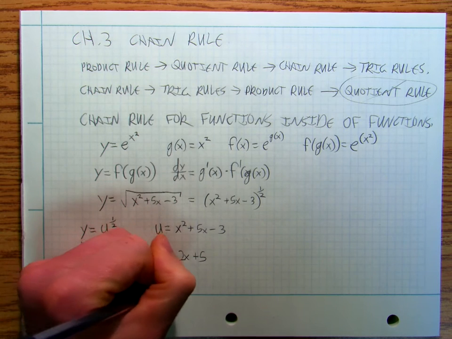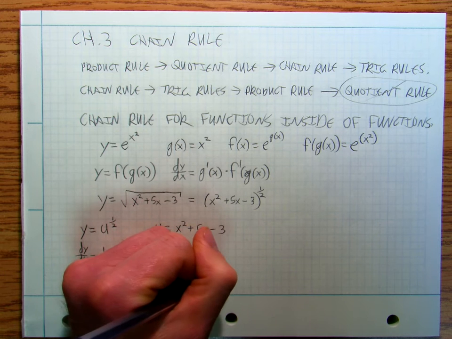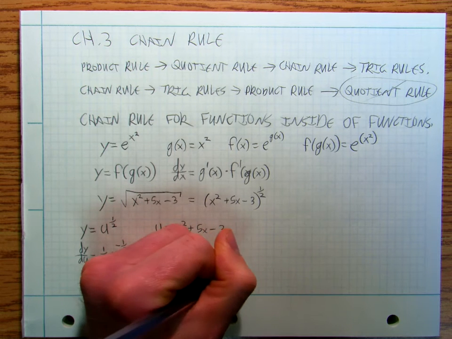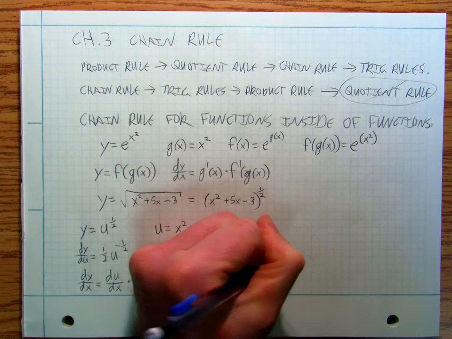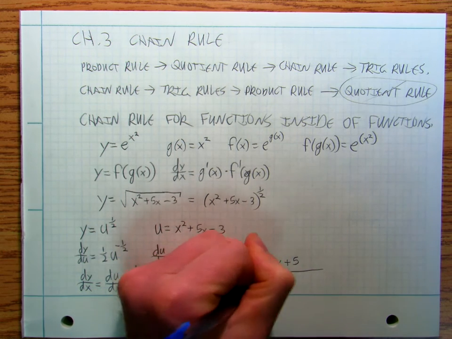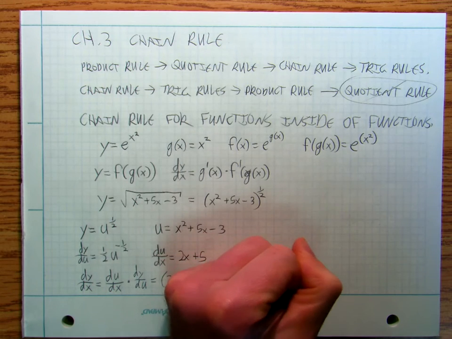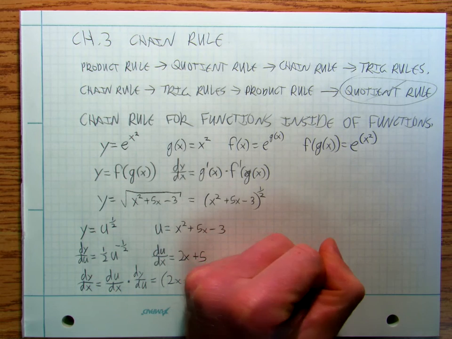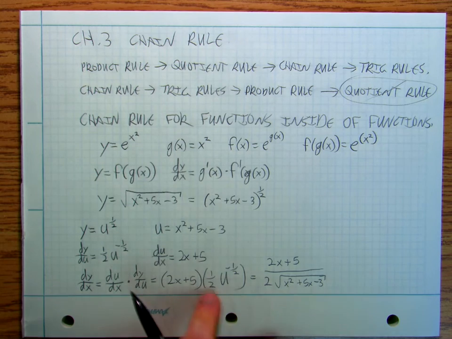So that's going to be 2x plus 5 times 1/2 u to the negative 1/2, or I'm going to write it as, you guys can stop and pause the video if you get confused, so I'm just going to write it out. 2x plus 5 over 2 times the square root of x squared plus 5x minus 3. So there's your challenge to figure out how I got from there to there, because I did it in a lot of different steps. Okay.